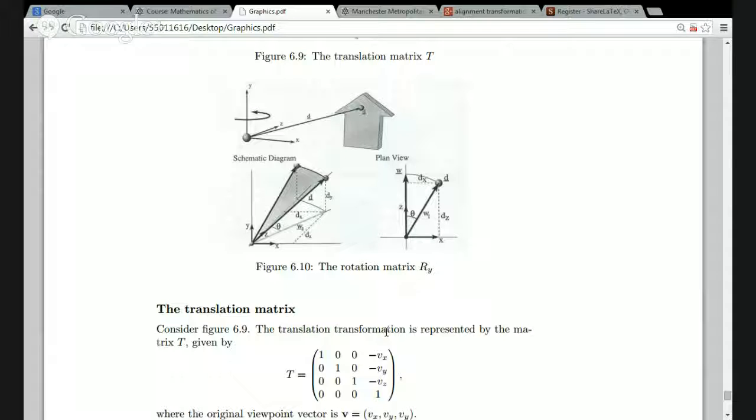But here, of course, we're only doing half of that process. We want to drag everything to the origin, get the center of view, rotate that a couple of times so it's lying on the z-axis, and then leave it there, ready for projection onto the screen. That's why this rotation sequence product is only about half as long as the previous one. Okay, right, we better leave it there for this morning.